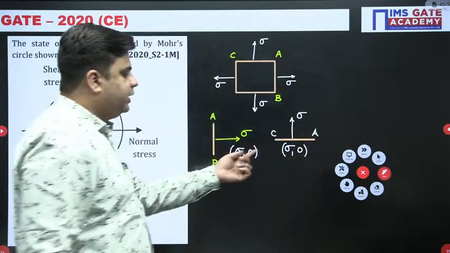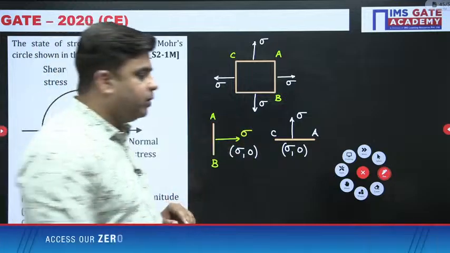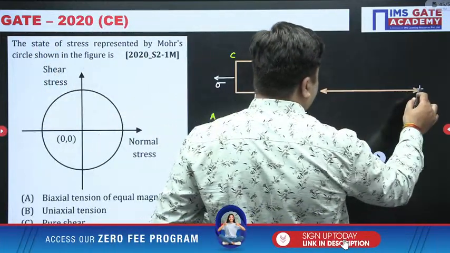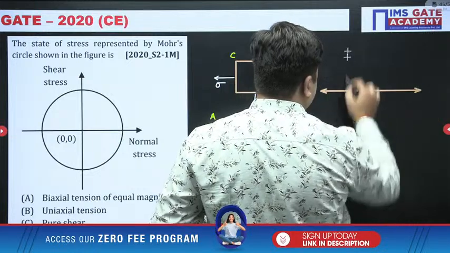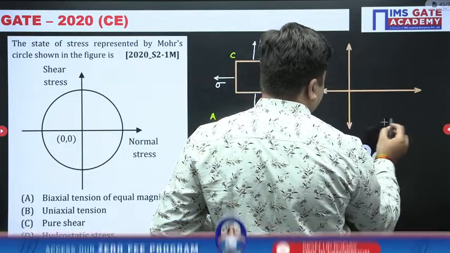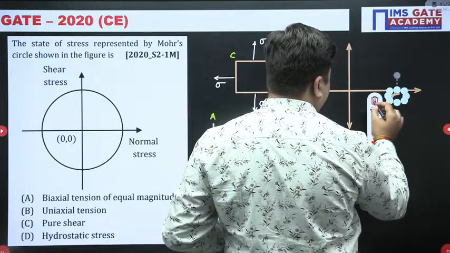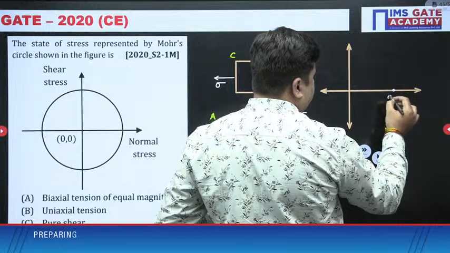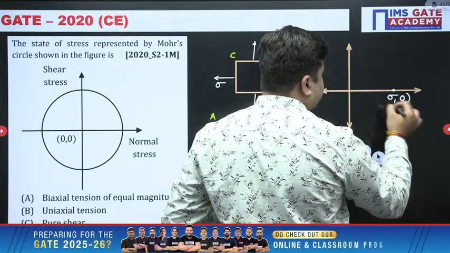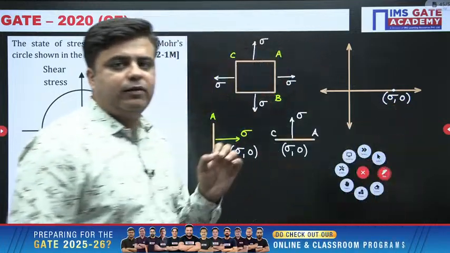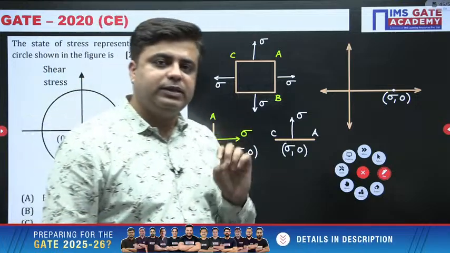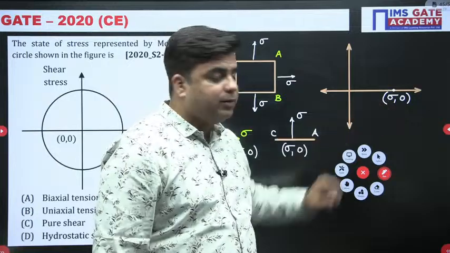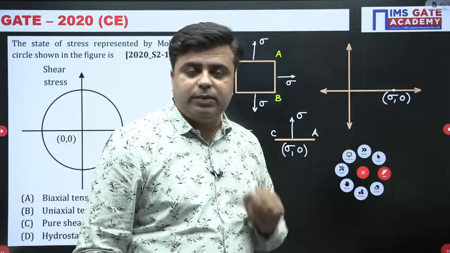When you plot these two points on the normal stress and shear stress axes, the Mohr circle that you will get will be a point circle like this. In this case, the Mohr circle will be a point circle with radius 0 and center sigma comma 0. In all the planes, the value of normal stress will be sigma and the value of shear stress will be 0.